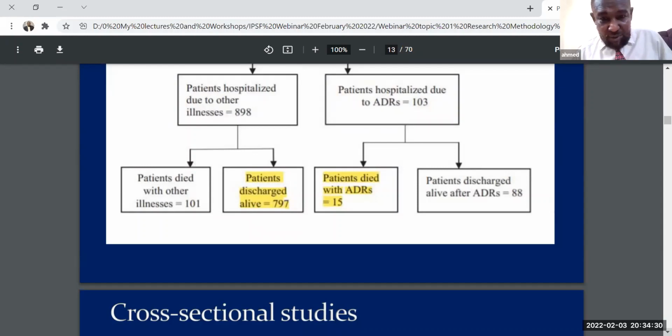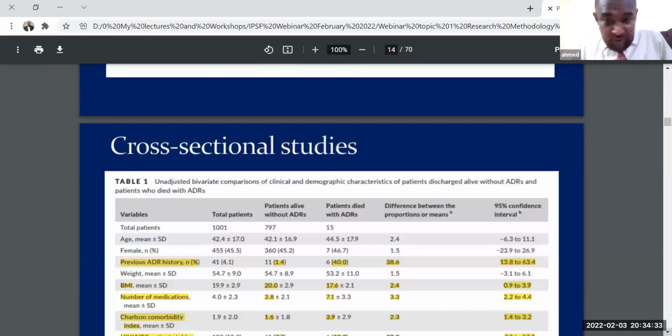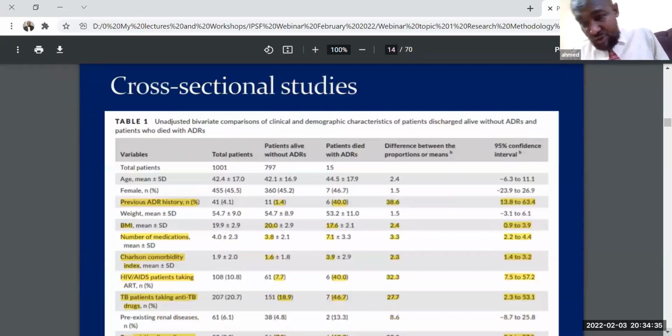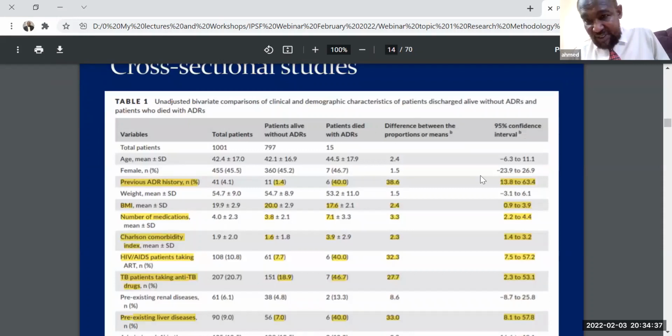This table is under the same study. Here they show confidence intervals of some estimates of differences. For example, they have a variable highlighted in yellow, previous adverse drug reaction history, with number and percentage between two brackets, because they have two groups: patients alive without adverse drug reaction and patients who died with adverse drug reaction.